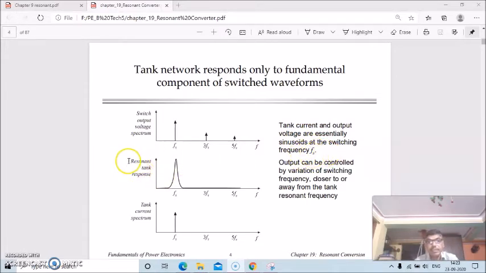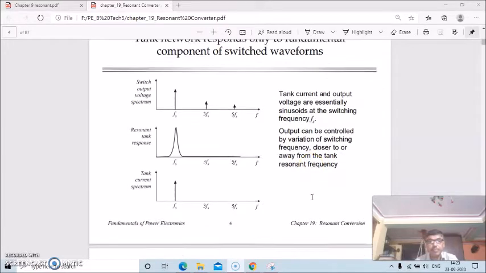This is the resonant tank response, at the switching frequency, and these are for higher switching frequencies. The output can be controlled by varying the switching frequency closer to or away from the tank resonant frequency.